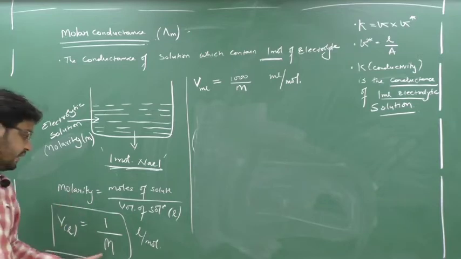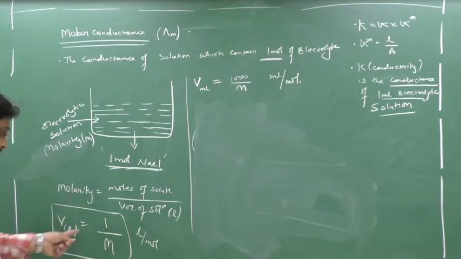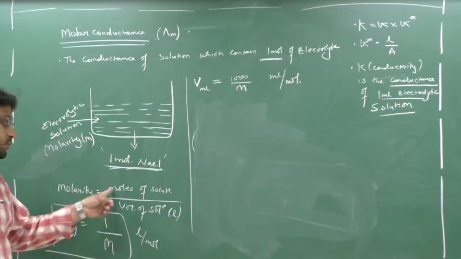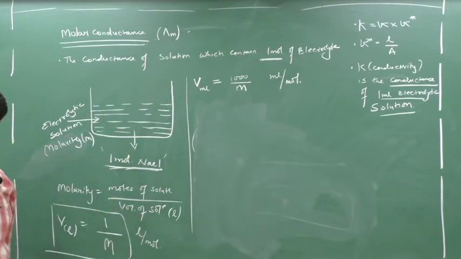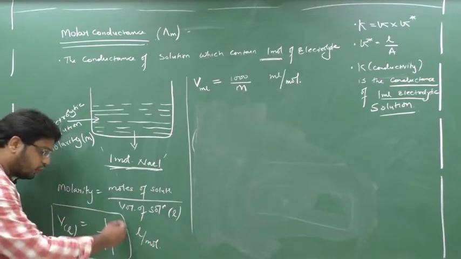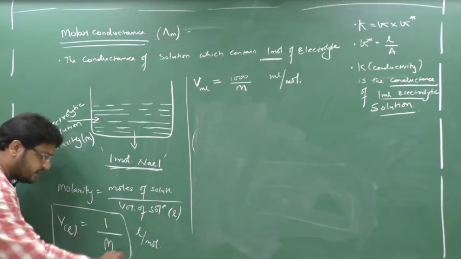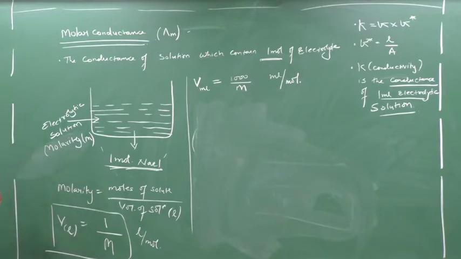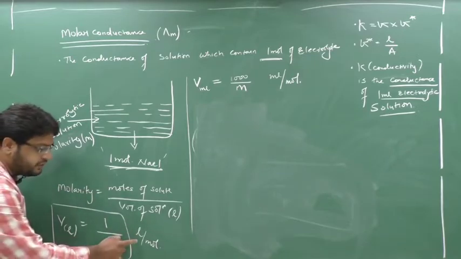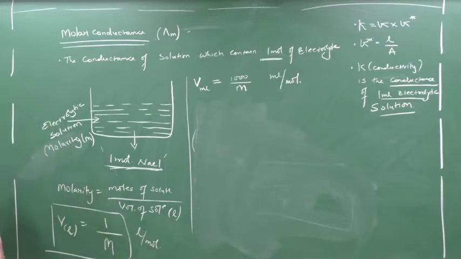So volume in liters will be 1 by M. Why is this 1? Because moles of solute we are fixing, that is 1 mole. So 1 divided by molarity, say capital M, gives me volume in liters, for 1 mole. So I have written the unit here: liter per mole.